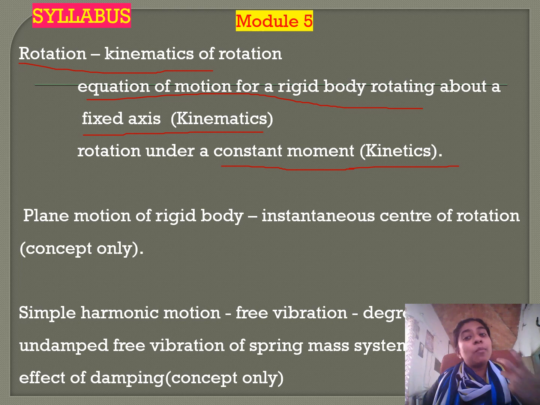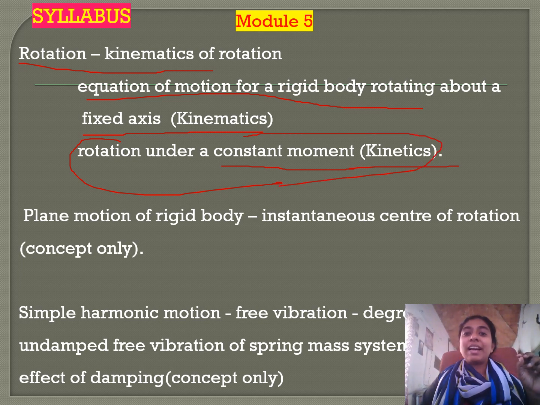When we apply a moment or torque, the problem becomes kinetics. So today we are going to see the basics and two problems on rotation under a constant moment, about the kinetics of rotational motion.